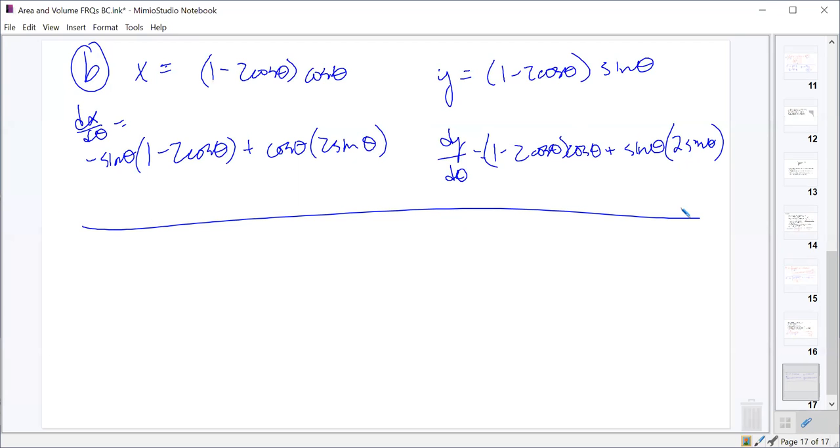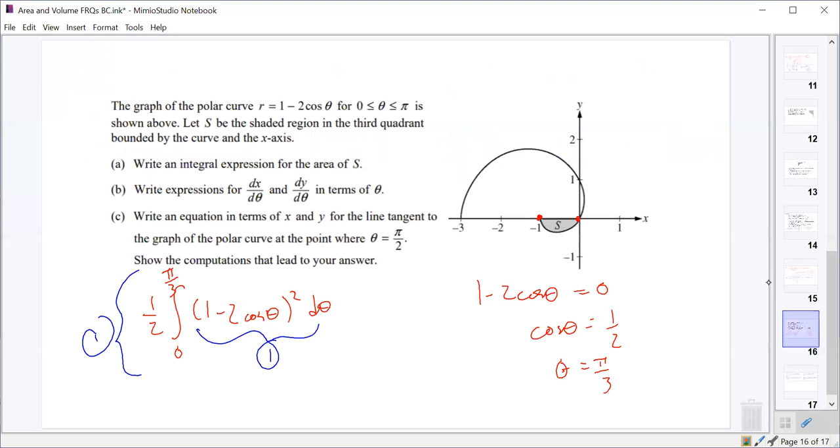Part C wants us to write an equation in terms of x and y for the line tangent to the polar curve at the point where theta equals pi over 2.